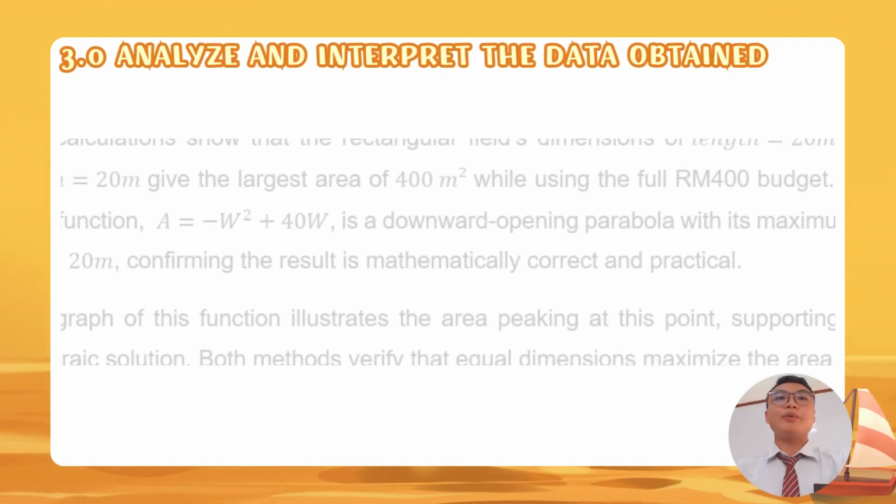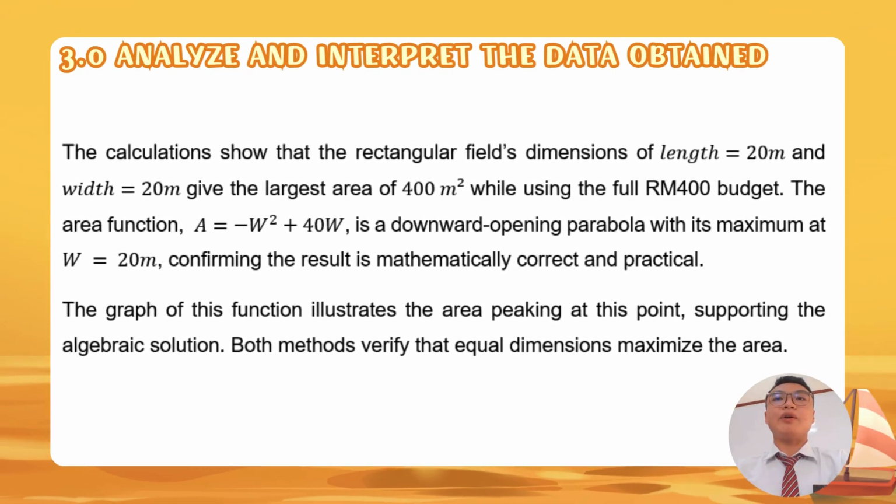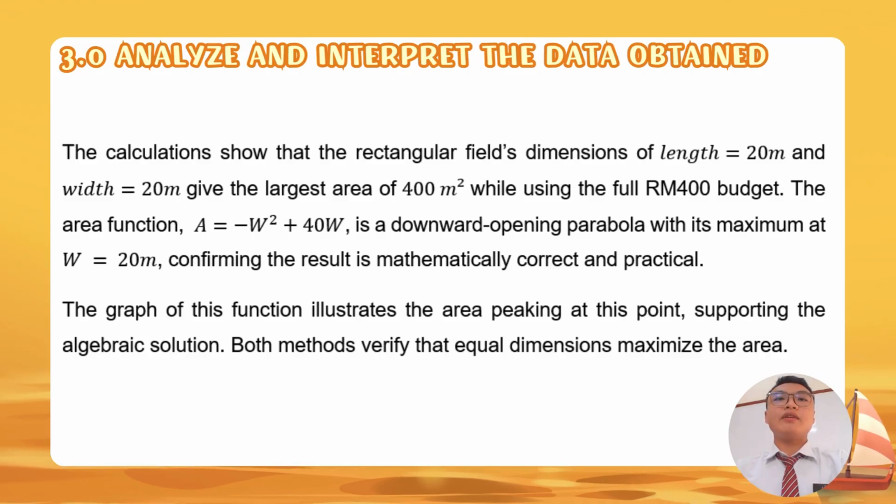Next, we come to analyze and interpret the data that we obtained. The calculations show that the rectangular field's dimensions of length equal to 20 meters and width equal to 20 meters give the largest area of 400 meters squared, while using the full 400 ringgit budget.